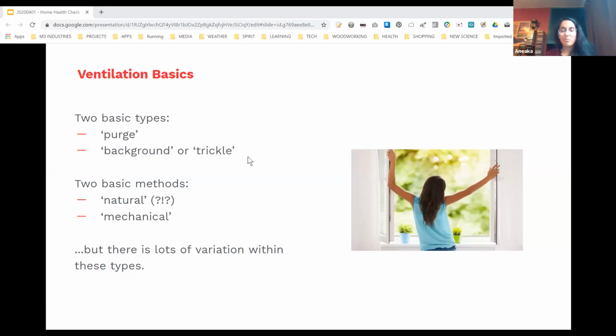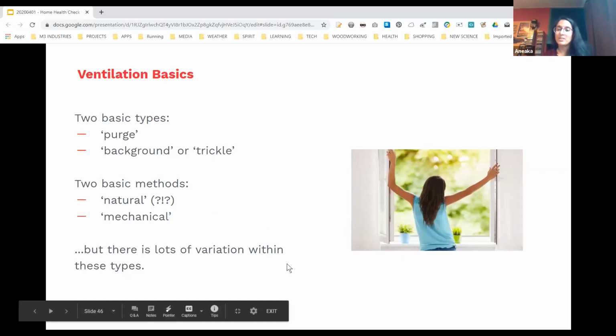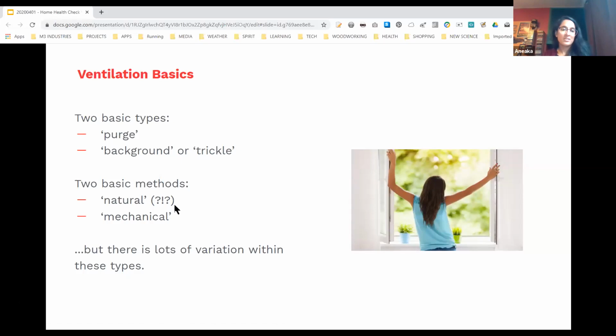To explain purge and background: in a typical home without extraction fans, purge ventilation might be opening the windows when you've had a shower or when you're cooking, and background or trickle would be the trickle vents in your windows. Natural ventilation would be something like opening a window, whereas mechanical involves some kind of motor.